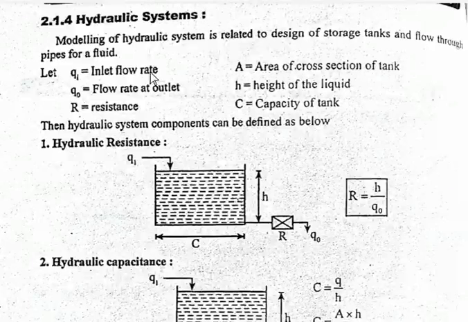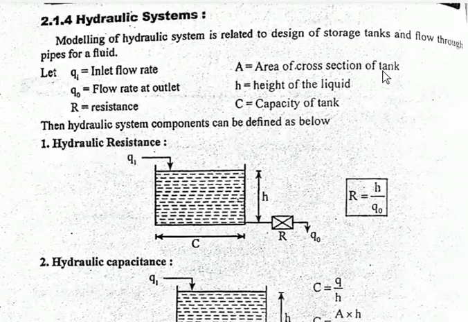Next, let Qi be the inlet flow rate, capital A the area of cross section of the tank, Q naught the flow rate at outlet, H the height of the liquid, R the resistance, and capital C the capacity of the tank.